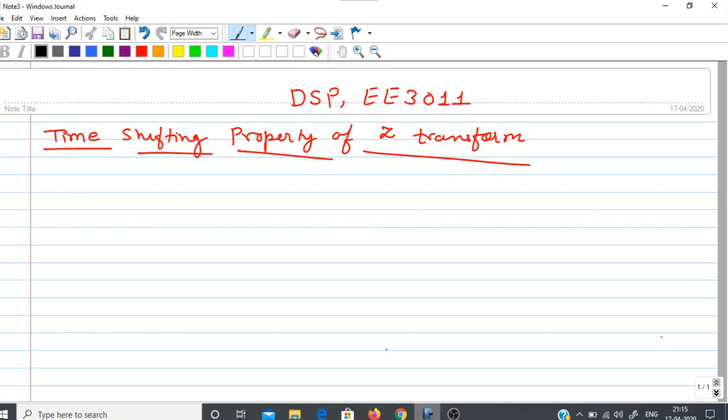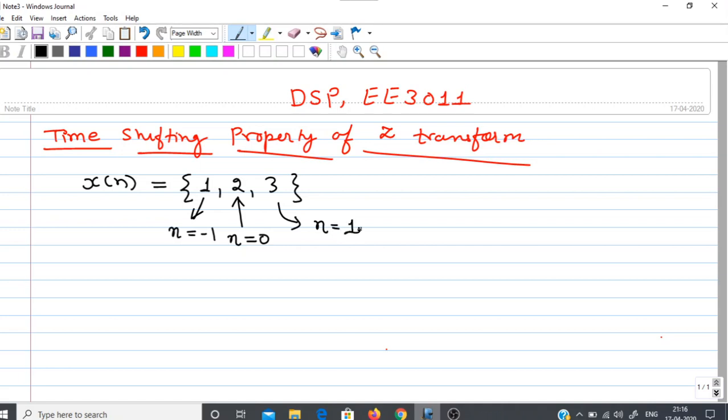First we'll understand the time shifted version of a sequence or a signal x of n. x of n is a sequence whose values are 1, 2, 3, and let this sample value 2 correspond to n equals 0, and this correspond to n equals minus 1. The value 3 corresponds to n equals 1. This is our sequence. We can draw this sequence.